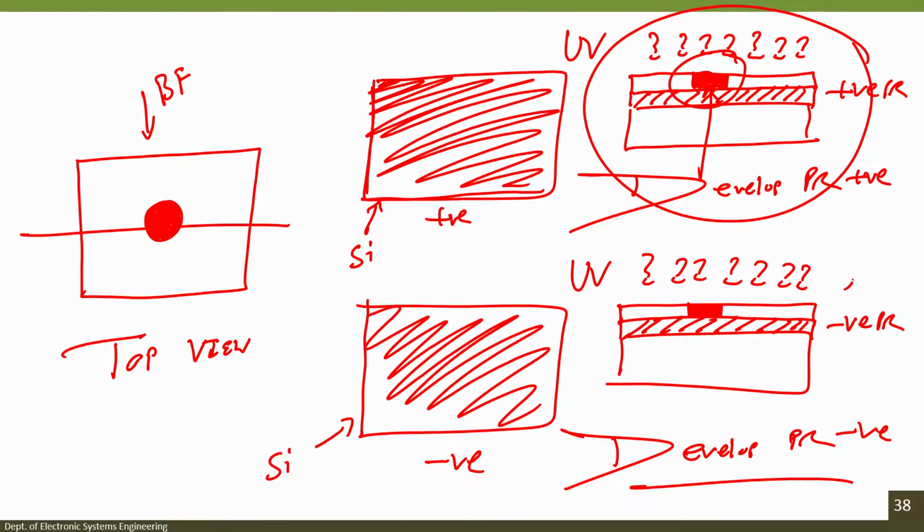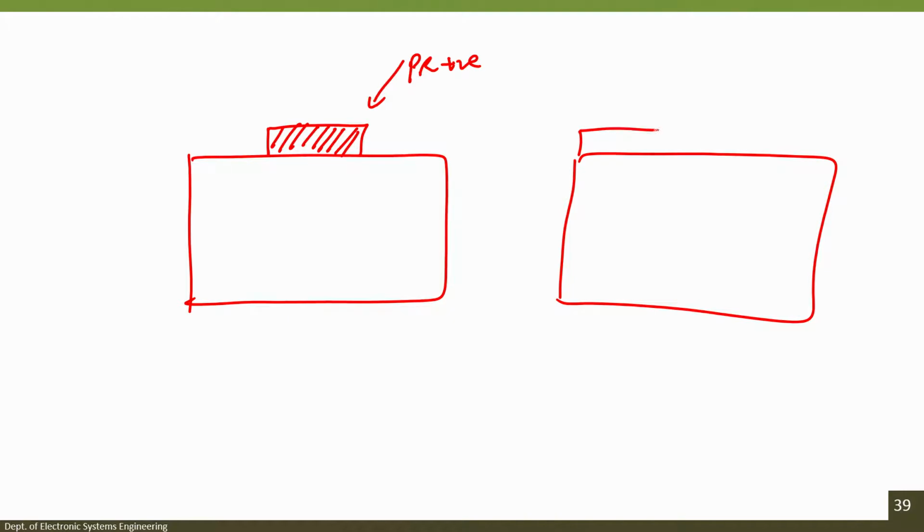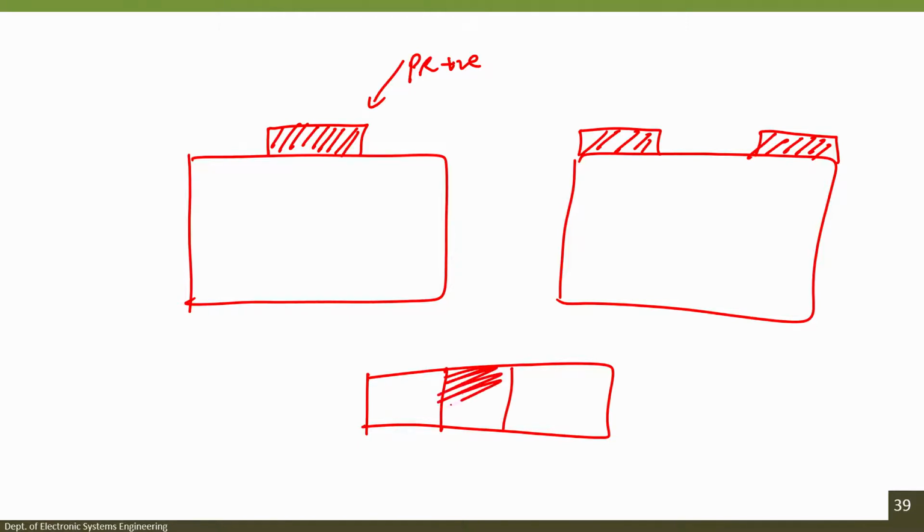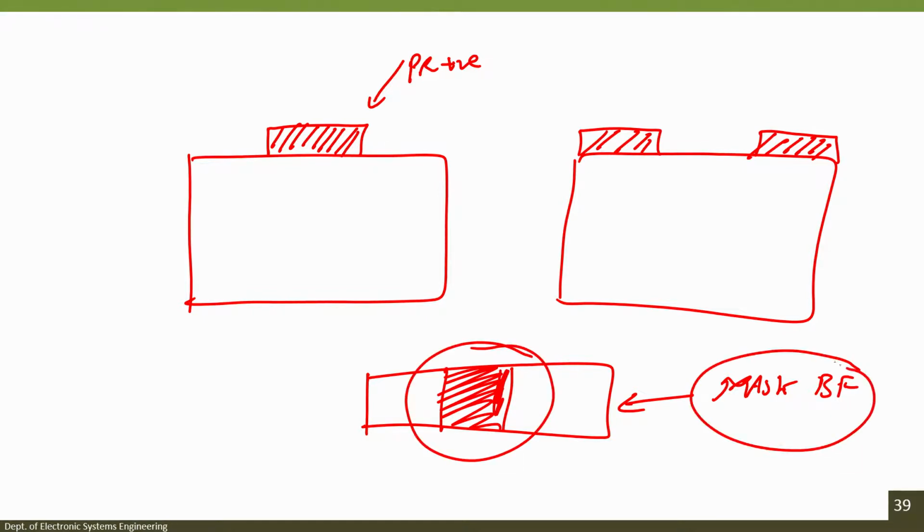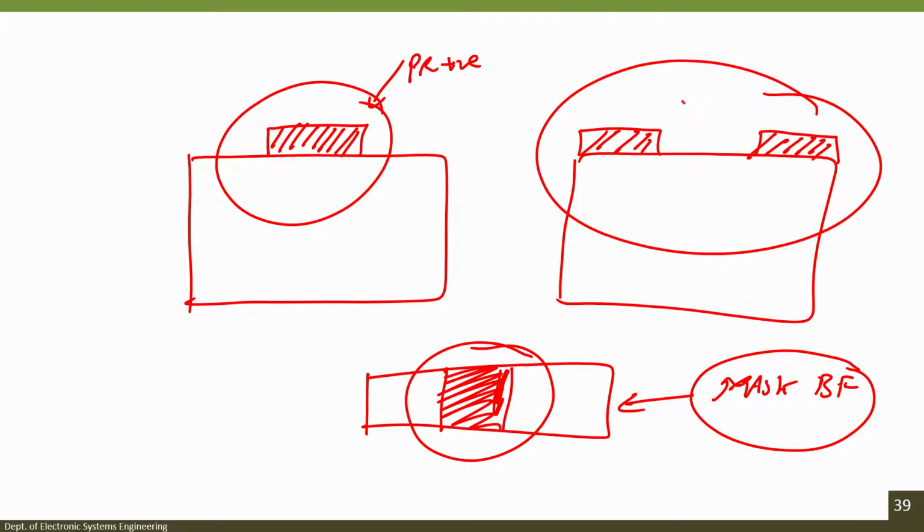While in case of negative photoresist, the unexposed region becomes weaker. So, what you will have is the opposite of positive photoresist, like this. How was the mask looking? This was a mask, the cross section of a bright field mask. What you see here is the pattern that you had on the bright field mask; the same pattern has been retained in case of positive photoresist, while the complementary pattern came on the negative photoresist.